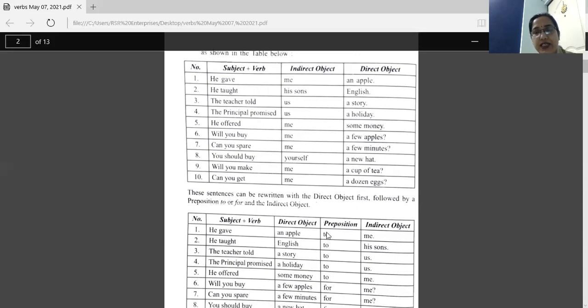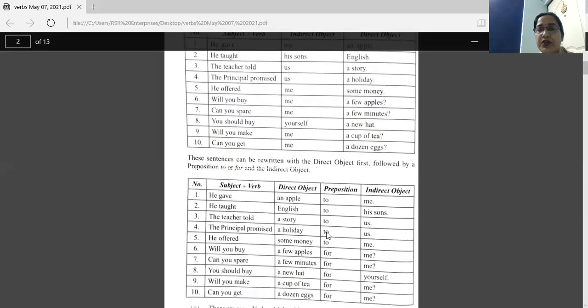So if we are changing the position of direct and indirect objects, you have to use the prepositions for or to. The teacher told a story to us. The principal promised a holiday to us. He offered some money to me. Will you buy a few apples for me?